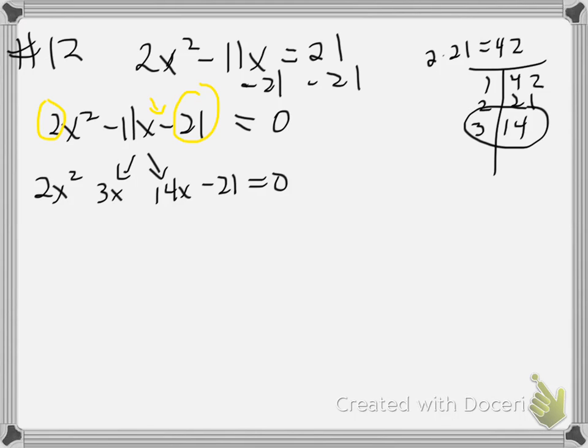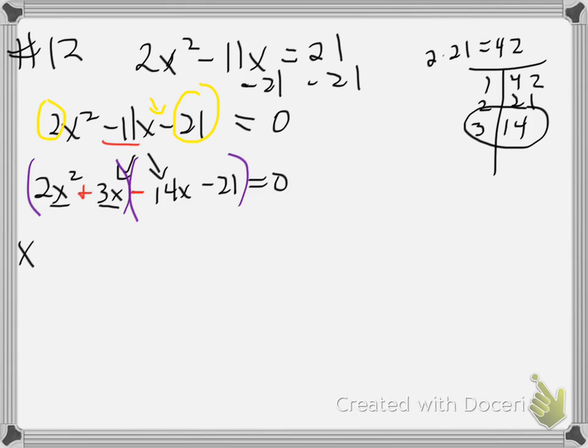And I have to get the signs. Okay? Well, I want more negatives, so the bigger one gets it there. Now I'm going to have to do my grouping here. So I'm going to just make that a group, and make that a group, and look for GCF in each group. So I get here, well, I only got an x in each of those.